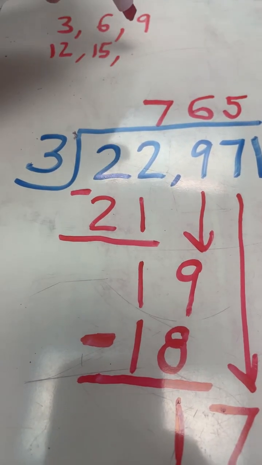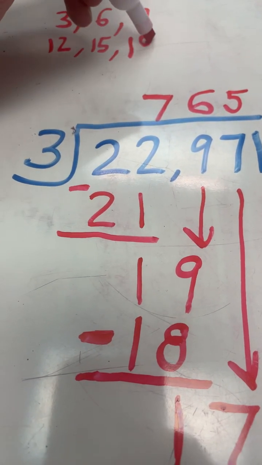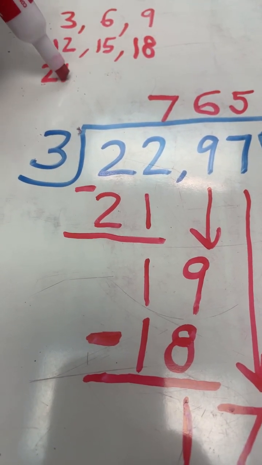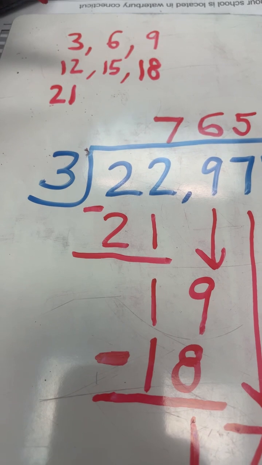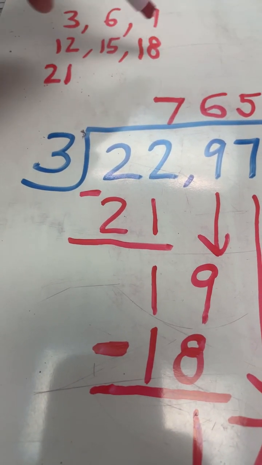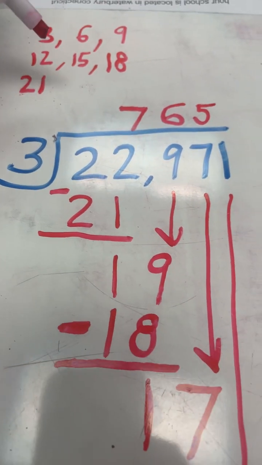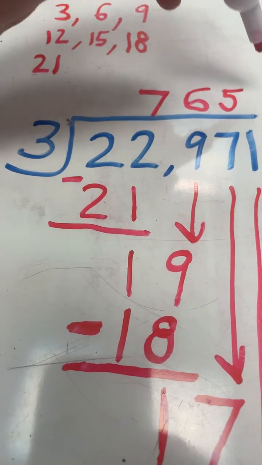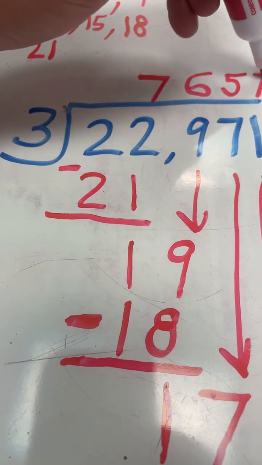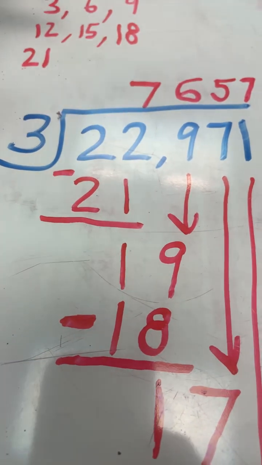I have 5 groups of 3 so far. I count by 3 again, I'm at 18. That's 6 groups of 3. I count by 3 again, I'm at 21. And I have my 7 groups. 1, 2, 3, 4, 5, 6, 7. So 3 goes into 21 7 times. 21 divided by 3 equals 7. And there is no remainder.